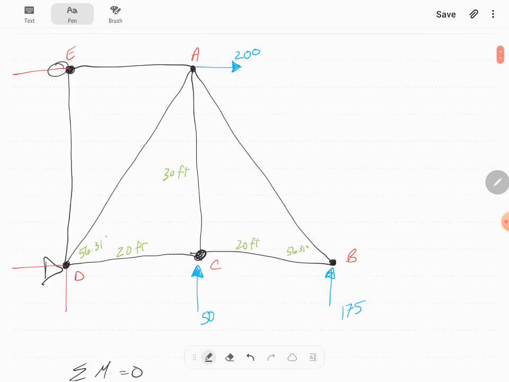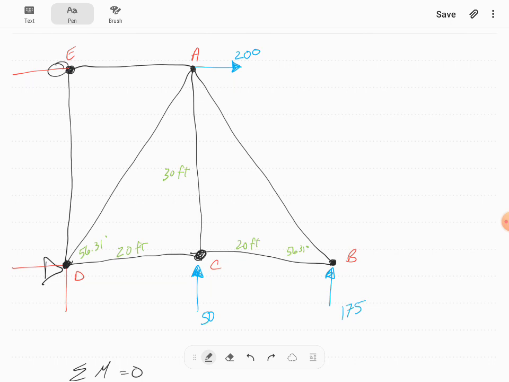Now, in this particular truss, our pivot point is at joint D, all the way down here. This is the pivot point there. So that means that we do have a moment at E, at A, B, and C. Because remember, moments happen in two places.